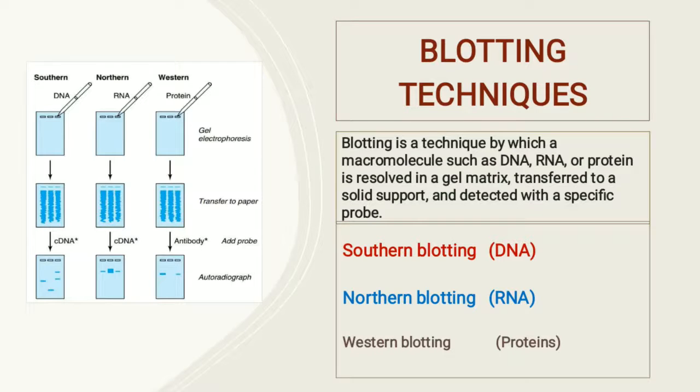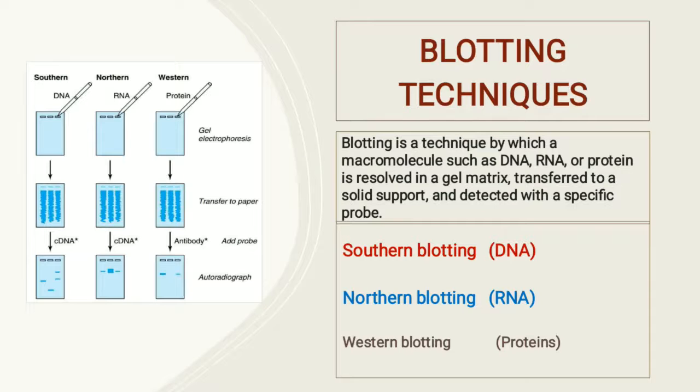After transferring the bands from the gel to the paper, you need to apply a probe that can bind to your target DNA, RNA, or protein. In case of DNA and RNA, you will prepare a probe that is complementary to your target DNA or RNA, and the probes are mainly radiolabeled or chemiluminescent so that you can easily detect your target macromolecule on that filter paper.